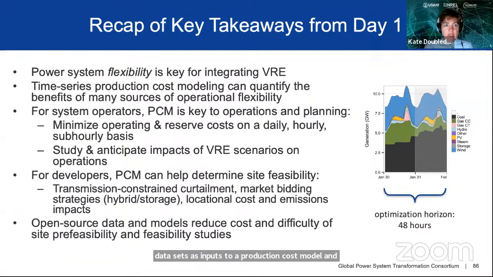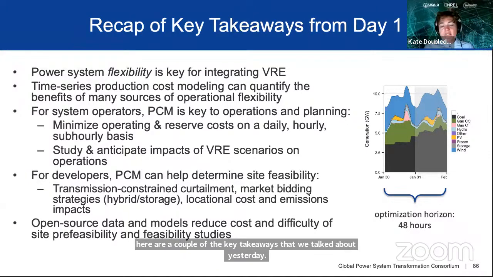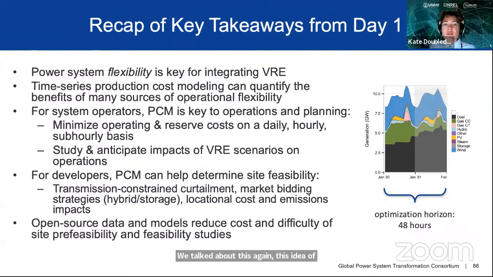So here are a couple of the key takeaways that we talked about yesterday. We talked about this idea of flexibility and adding flexibility to the system in order to increase the proportion of variable renewable energy that we can confidently use. We talked about comparing and contrasting options for operational flexibility using production cost modeling.